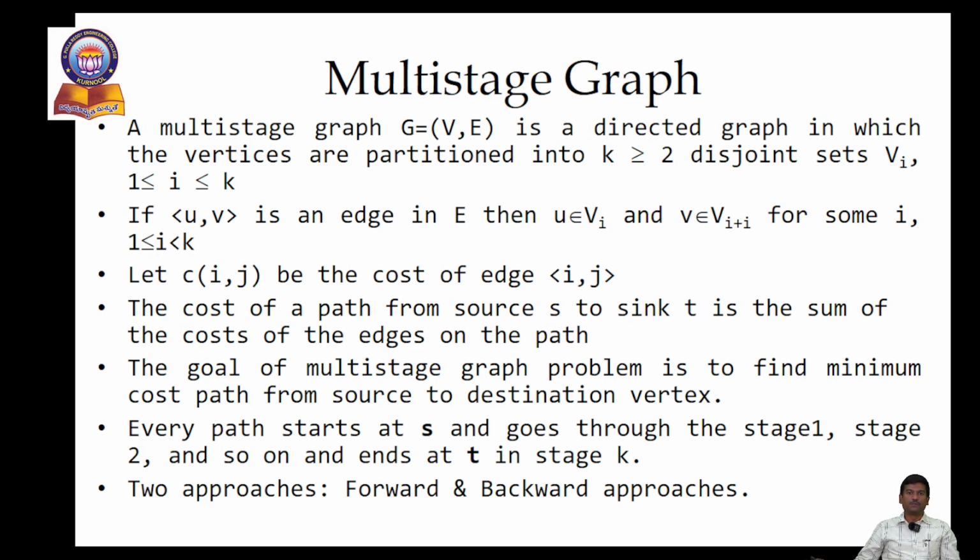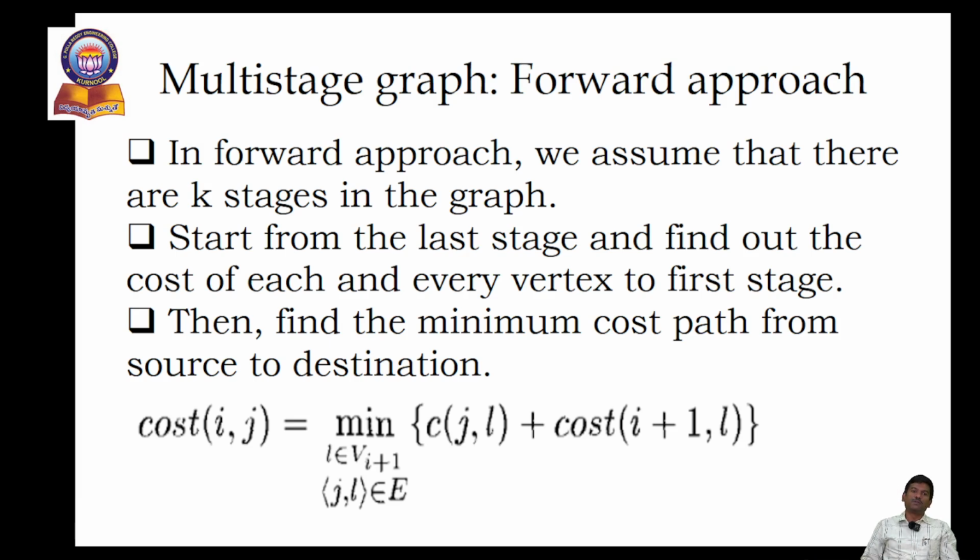There are two approaches where we can solve the multi-stage graph problem, that is the forward approach as well as the backward approach. Coming to the forward approach, here we are assuming there are k stages. What a stage is and how to identify the stage will be discussed with an example. Start from the last stage and find out the cost of each and every vertex back to the first stage.